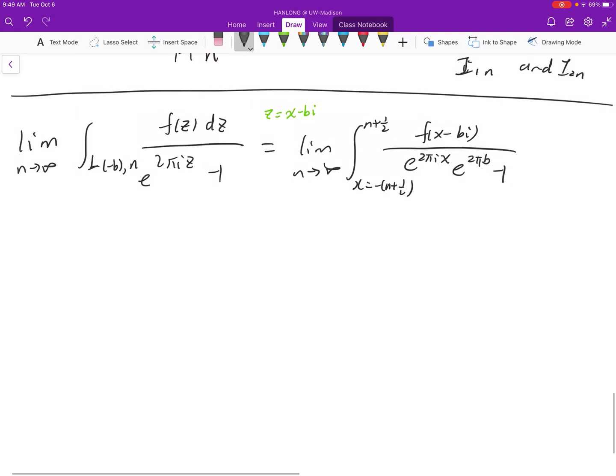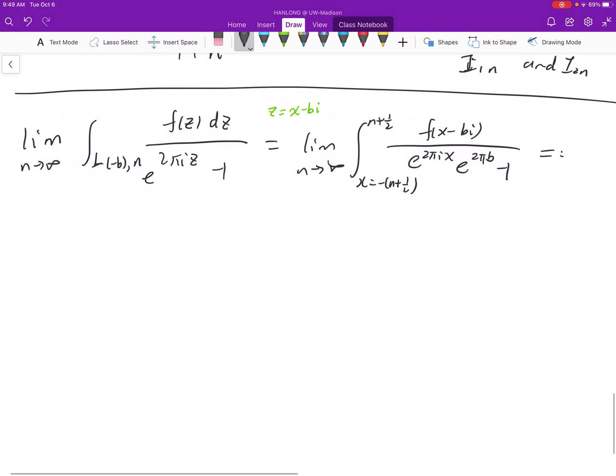So let's call this limit the integral of f(z) over exponential 2 pi i z minus 1 dz on L minus b.